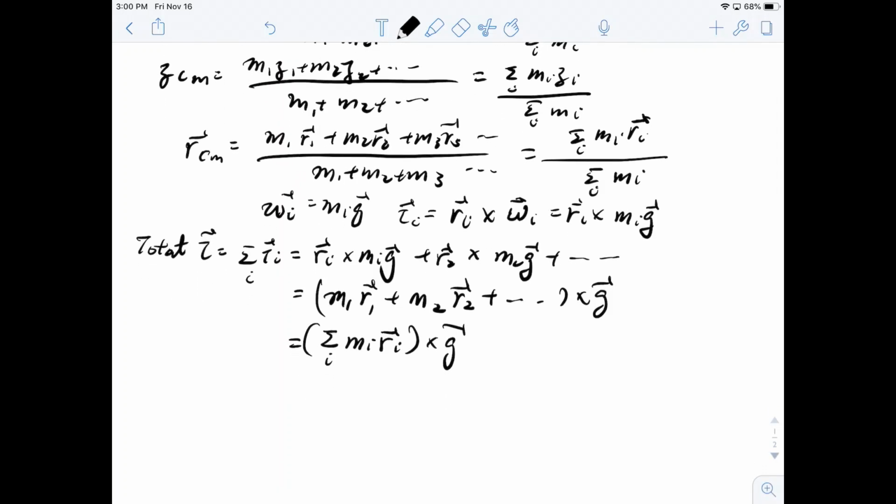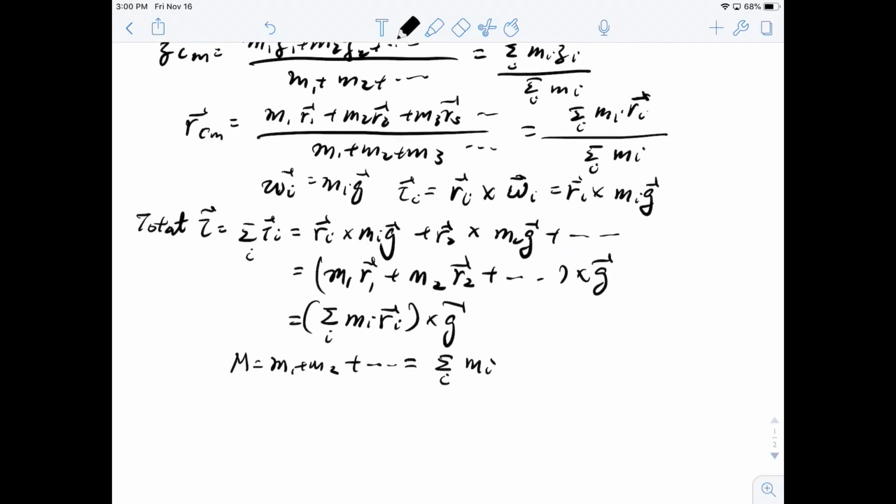So then we define a new constant called big M, which is the sum over all of the small masses. That will be the total mass. Then if we do a division, I will show you.